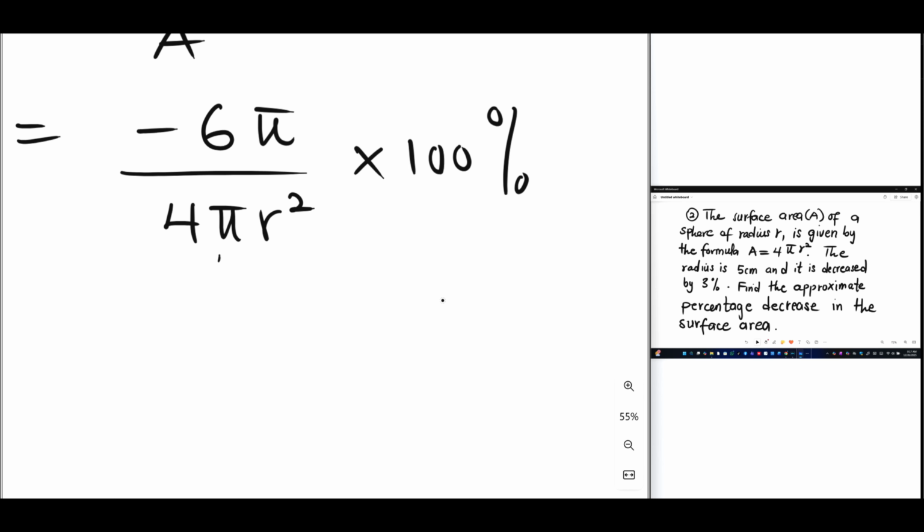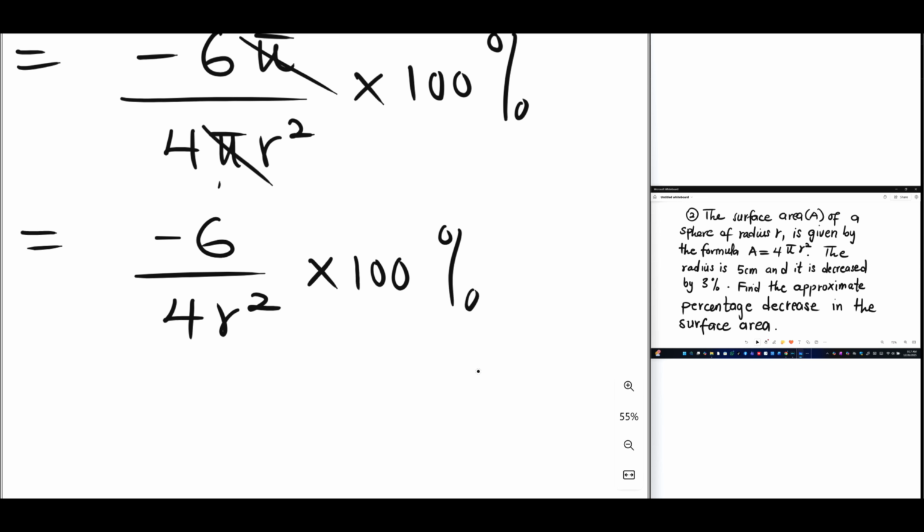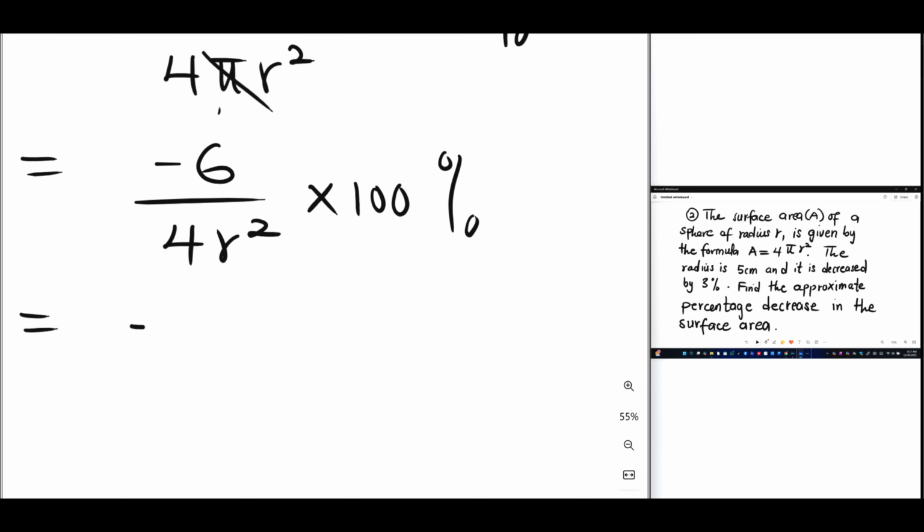Now let's see what we get in this. Pi divides this. So we are now left with negative 6 divided by 4 r squared times 100%. And this will give us negative 600 divided by 4, but our r is 5.